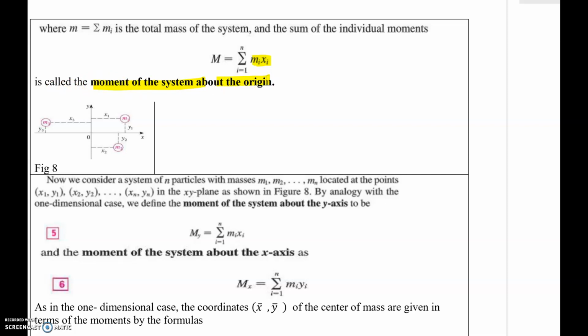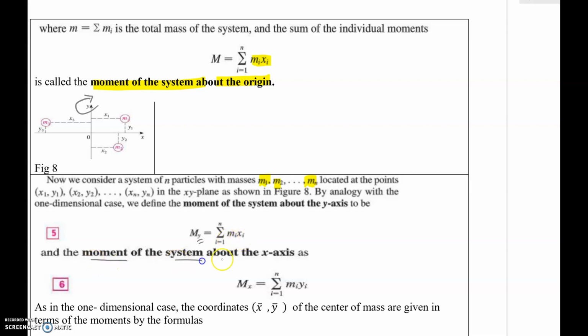So if we consider the same thing in a two-dimensional plane, with n particles placed at the points (x1, y1), (x2, y2), up to (xn, yn) with these masses, we get the moment about the y-axis. For the moment about the y-axis, we multiply the distances horizontally, so it is sigma mi xi.